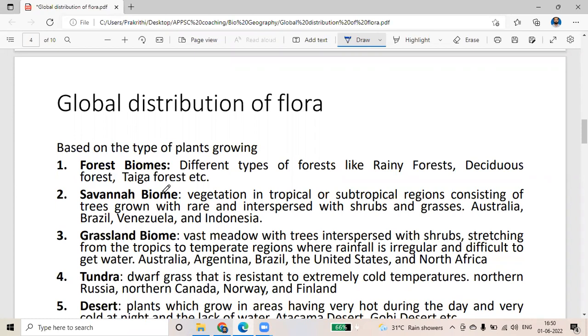Then the tundra region. The tundra region is also mainly dominated by grasses, and these grasses are dark and very small, like mosses. They are much smaller than in the grassland biomes, because the temperature is very cold. Tundra areas are in northern Russia and northern Canada, almost facing the Arctic region. So what is the problem?